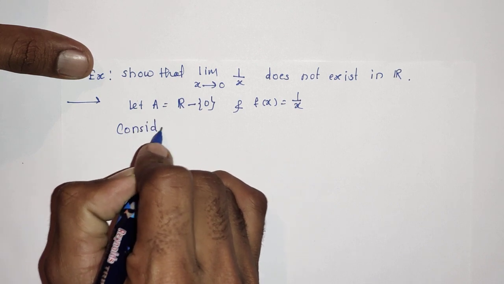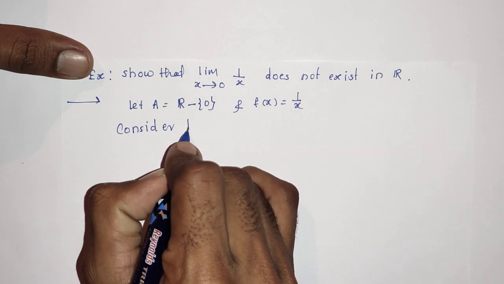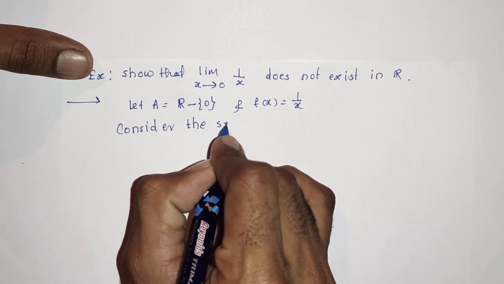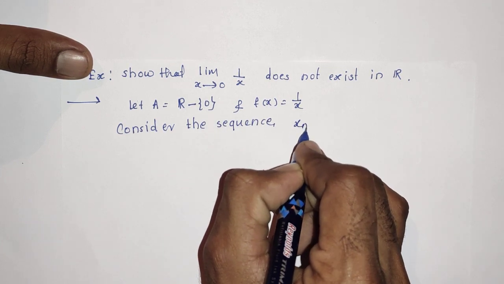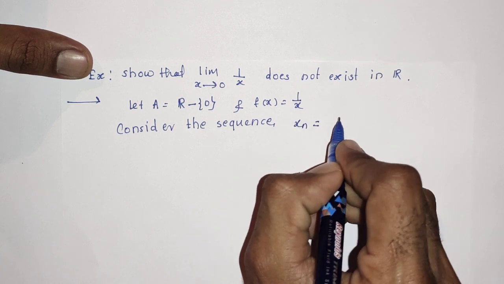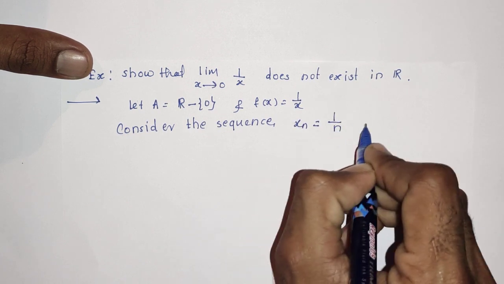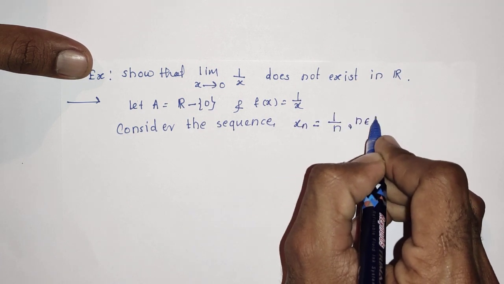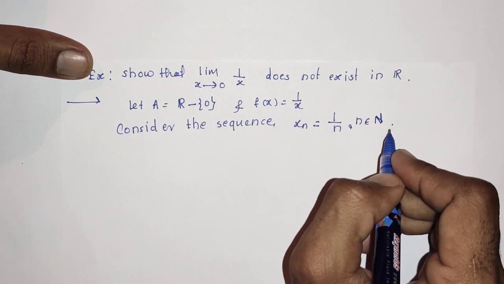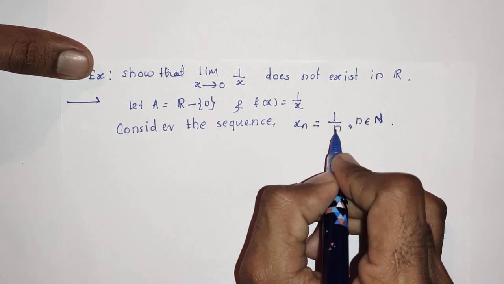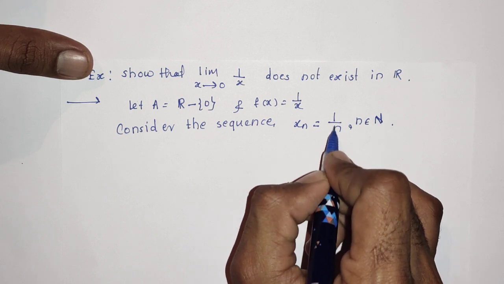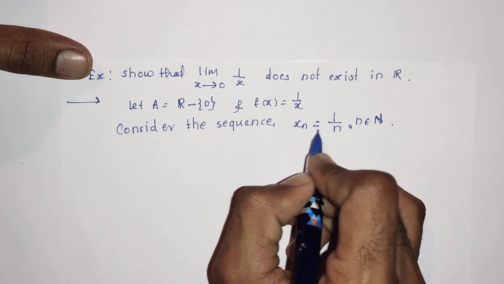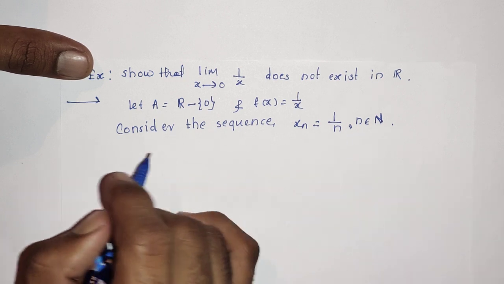Now consider the sequence xn equal to 1 upon n for all n belonging to the set of natural numbers. Clearly this xn converges, because the limit as n tends to infinity of 1 upon n is 0, so this sequence xn converges to 0.